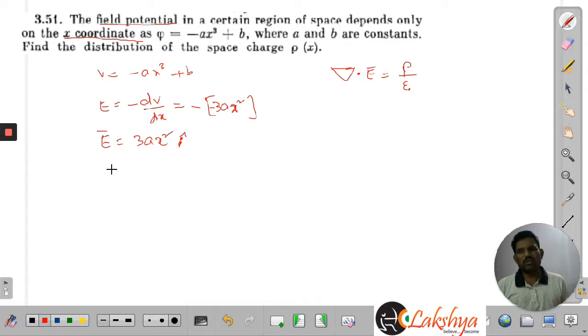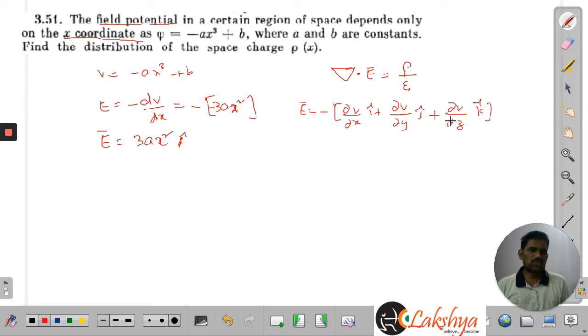To get this vector form, here itself we can take the partial differentiation and you will get it automatically. That is, E bar is equal to minus of dou V by dou x i cap plus dou V by dou y j cap plus dou V by dou z k cap. You can take it directly in this form, then automatically you will get the direction of this field also.